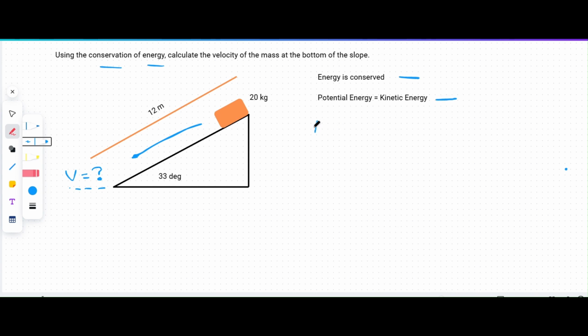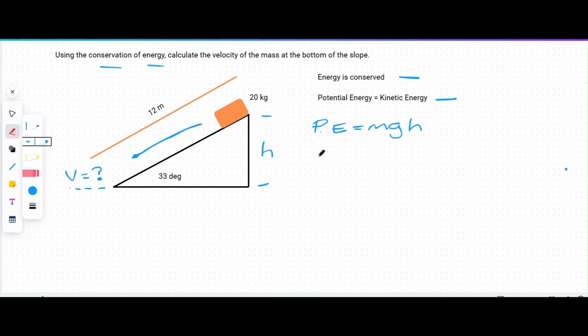So if you remember, potential energy, the potential to do work, is mgh. M is mass, g is gravity, h is height, how high this object is up. And then that's potential, not moving yet.